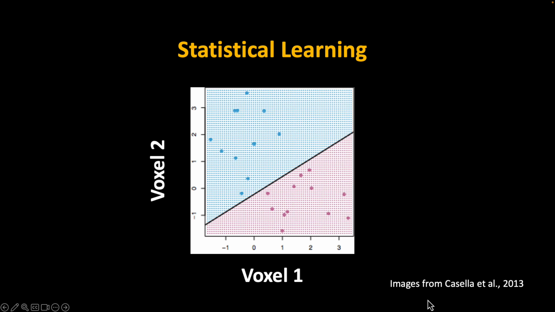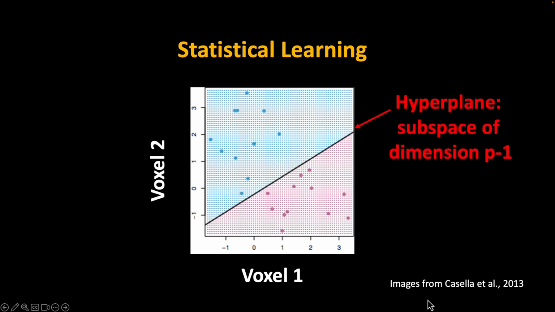And we have the pink condition and the blue condition. Arbitrary, could be incongruent, congruent, could be working memory versus control condition, whatever you want. And let's say that the activity for the pink condition is relatively high for voxel 1, relatively low for voxel 2. For voxel 2, it's much more sensitive to the blue condition, let's say.